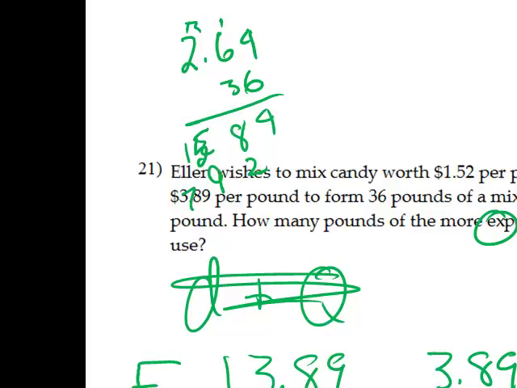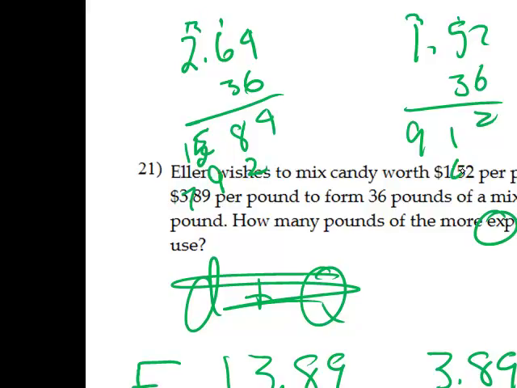and this will be 1.52 E plus 36 times 1.52 is 2, carry the 1, 1, 3, 9, 3, 6, carry 15, carry the 1, 4.